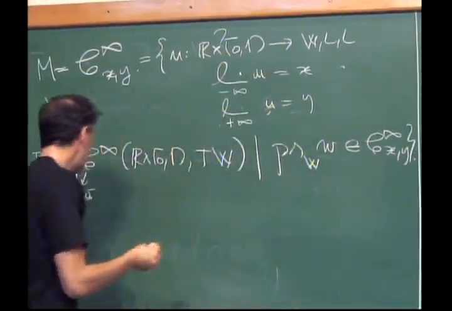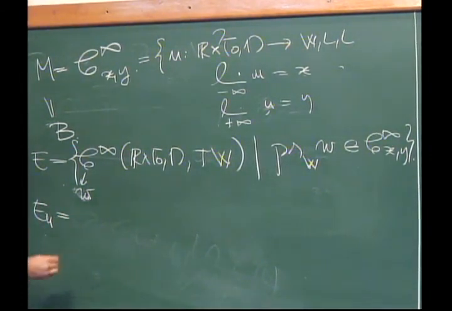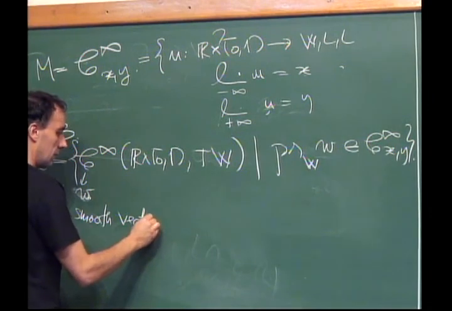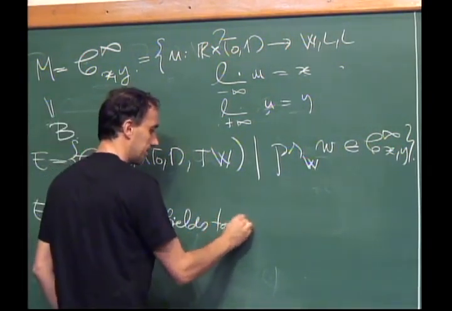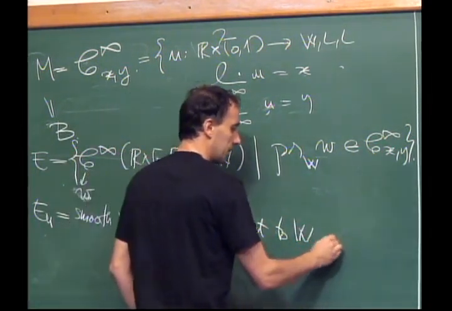So this means that what we have here, the fiber, is just formed by smooth vector fields tangent to W along u.